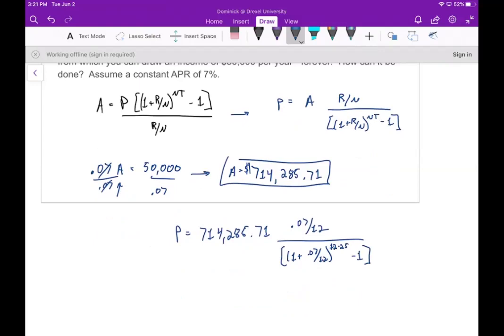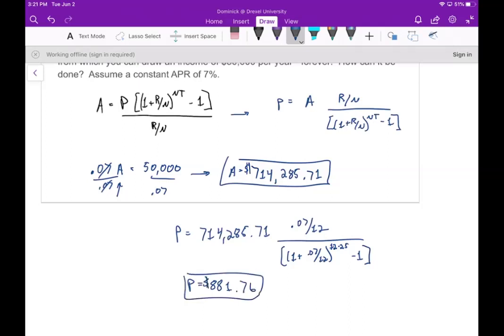So we take 714,285.71 and multiply that by 0.07 divided by 12 and divide all of this by parentheses 1 plus 0.07 divided by 12, and then raise that to 12 times 25, and then subtract 1. And if we do that, it looks like our payment would need to be $881.76.